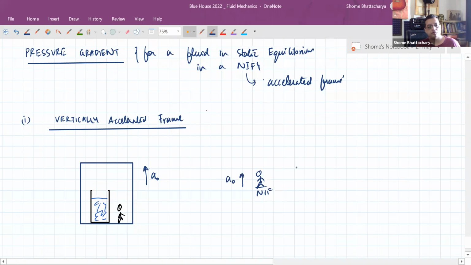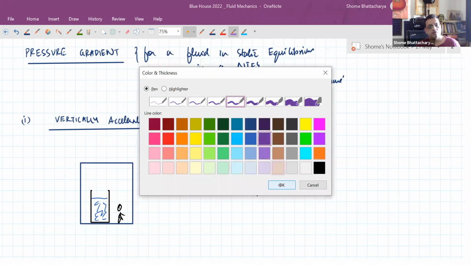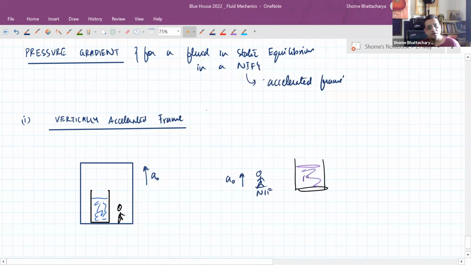So there will be a pseudo force, right? So yes, we will have to consider the pseudo force. Okay. So within the fluid now, when we again consider a vertically oriented volume element, consider this element.